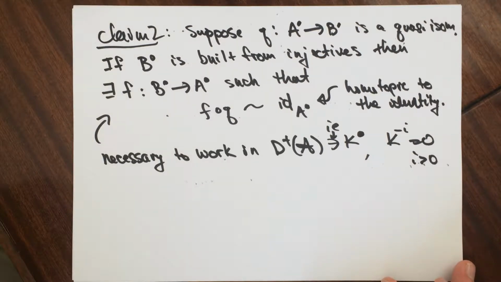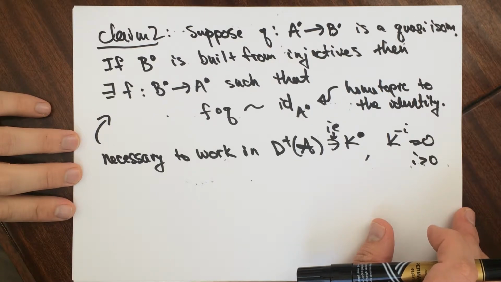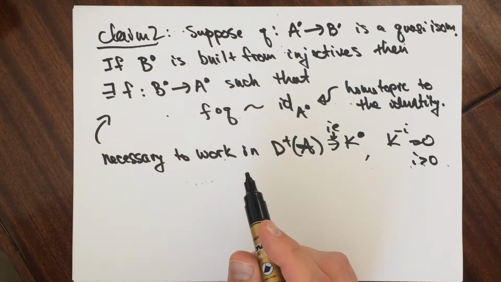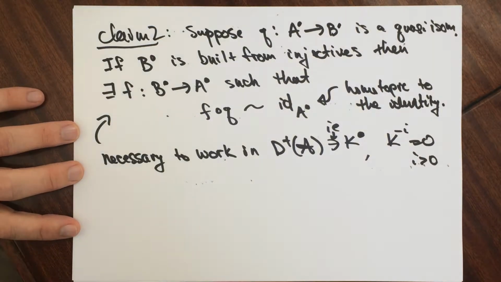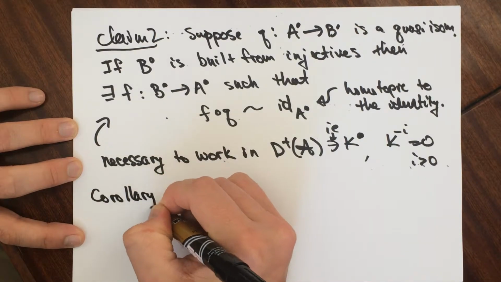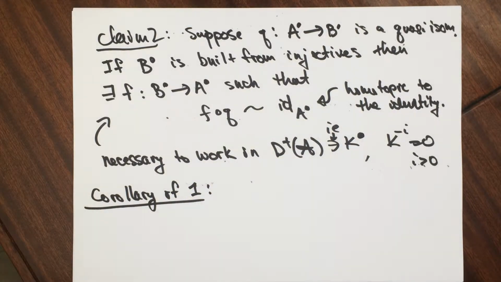So we have these two facts about categories with enough injectives and these complexes. Let me say this: a corollary of 1. People always say that an object is quasi-isomorphic to its injective resolution.